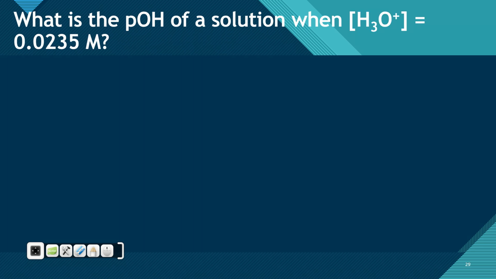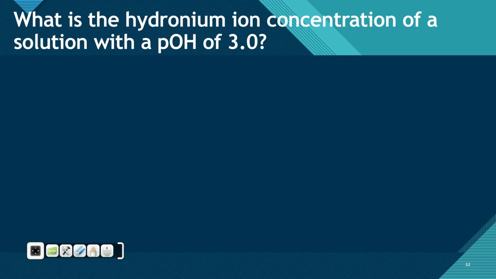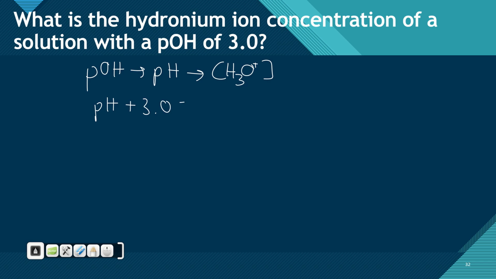All right, that's it. There are obviously more examples here. I'll do this last one because I haven't done this section, where I'm going from pOH back to hydronium concentration. I'm going to go pOH to pH to hydronium concentration. So I'm going to do pH plus 3.0 equals 14.